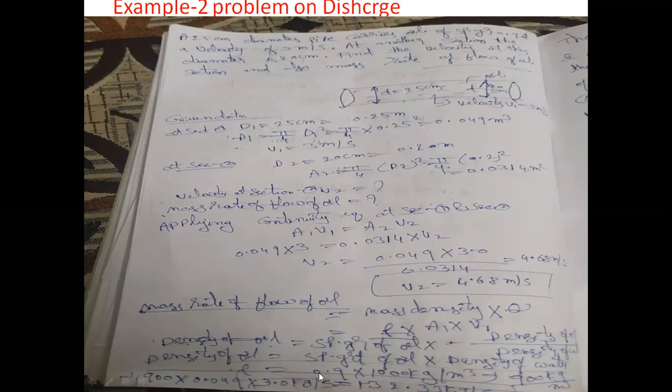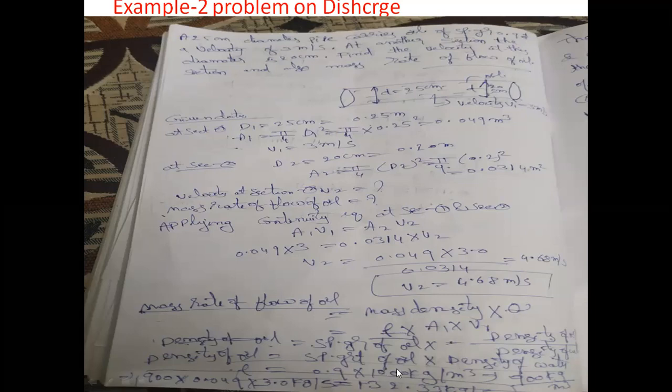The formula is density of the oil into area into velocity.